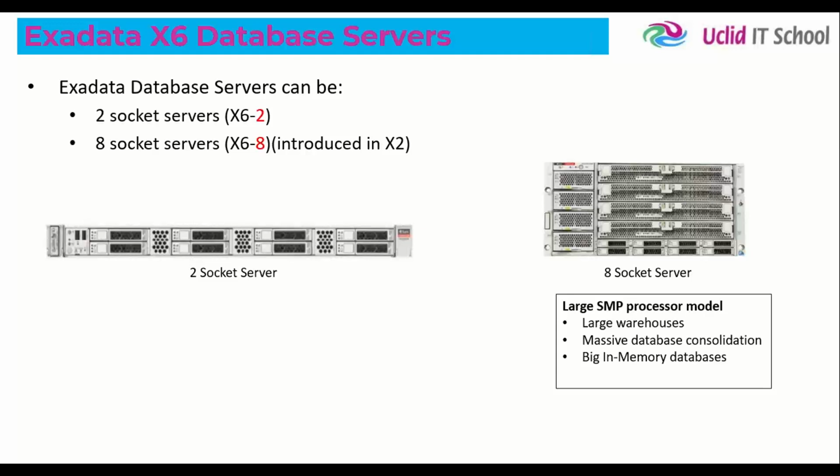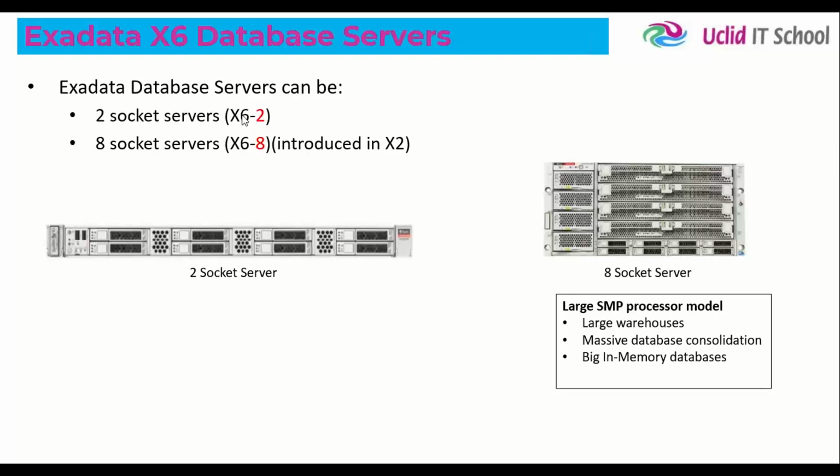These are very important concepts to lay the foundation for properly understanding and appreciating Exadata. When you purchase Exadata, you know it includes database servers and storage servers. These are Oracle Sun servers. Each server has its own operating system, right? Now, a database server can be a 2 socket server or an 8 socket server. So if you purchase X6 hardware, you can order a 2 socket server or an 8 socket server. Accordingly, the notation will be X6-2 or X6-8.